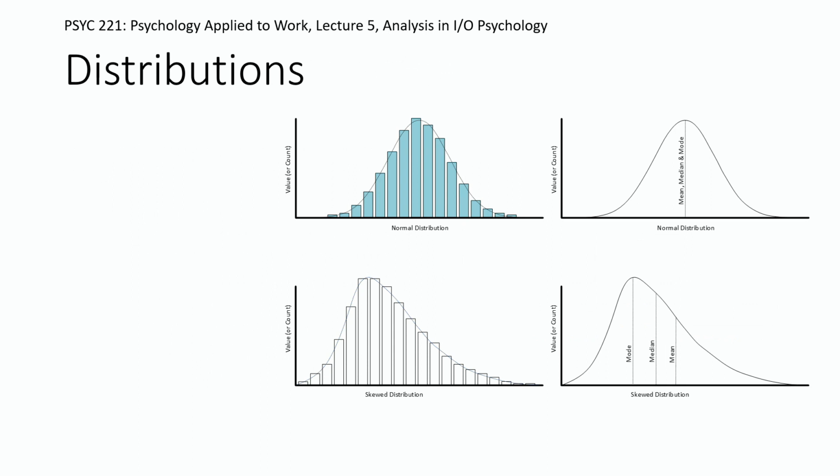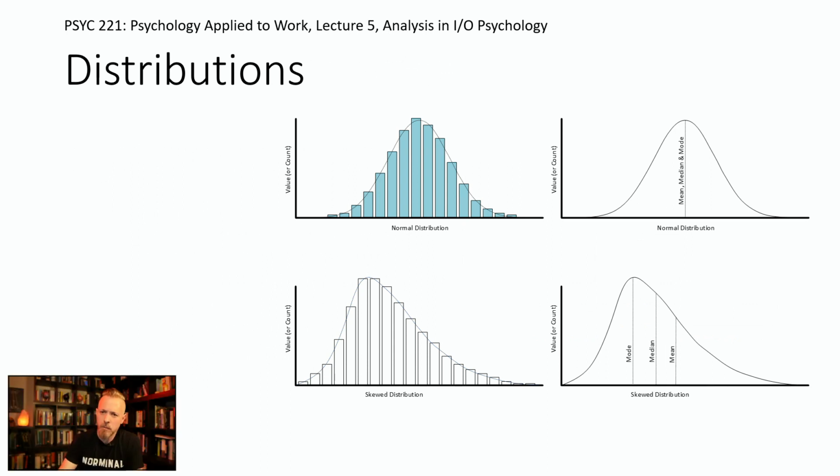Okay, let's talk about distributions in a little more detail here. Again, this is an introductory IO psychology class. If you want to get a degree in psychology, you'll go through a lot of statistics, and it's very important.